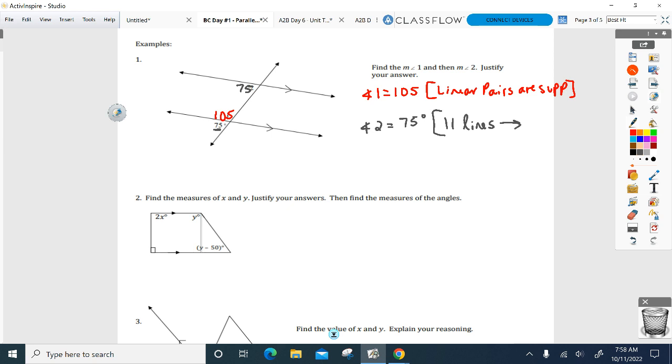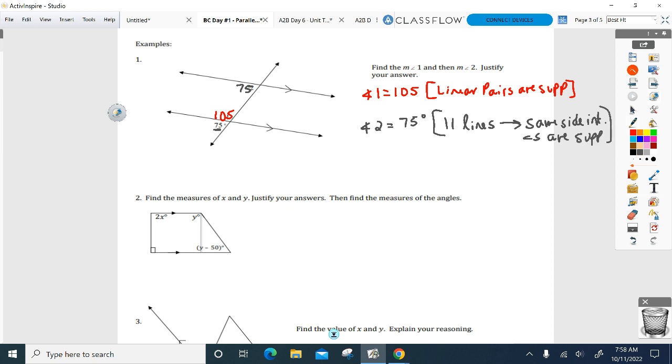I don't know if you've ever used this before, but an arrow pointed to the right implies. So if I have parallel lines, that implies, Iris, what type of angles were these? Same side interior angles are supplementary. There you go. So that's what I want in your justification.